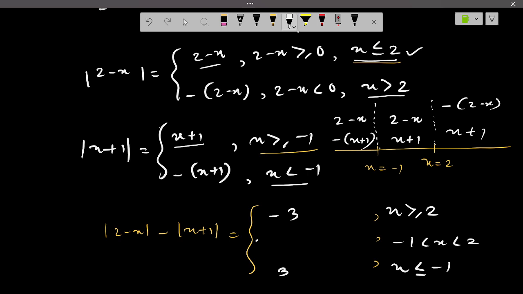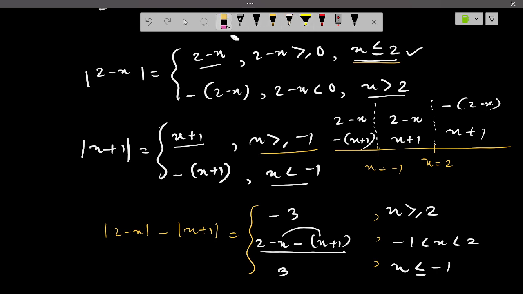So let me write it down: 2 minus x minus x plus 1. If I rewrite everything, it will be minus x and minus x will be minus 2x, and 2 and minus 1 will be 1. So it will be 1 minus 2x.